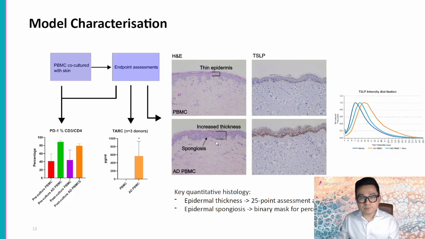In parallel, we may see increased spongiosis as well as TSLP upregulation. If we look at the histogram distributions on the right, we'll see an increase in positive pixels after AD induction, followed by a shift back after intervention with abro. Together, these measures provide a quantitative basis for assessing whether the model has developed an AD phenotype.